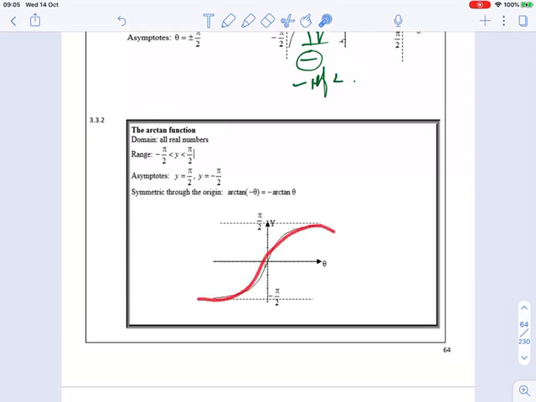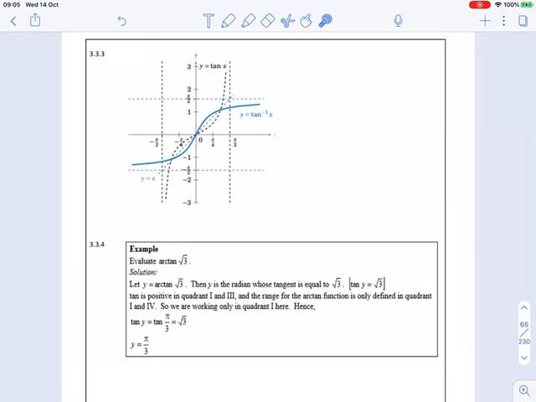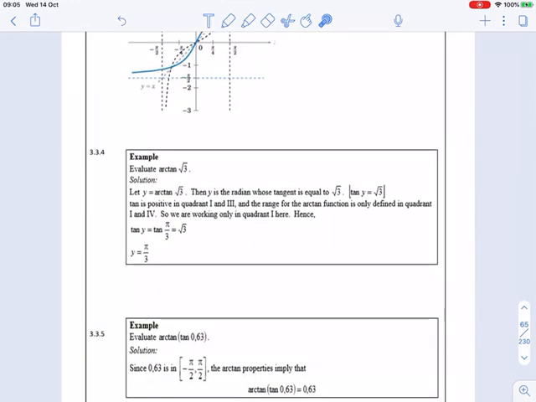And just see the shape of the graph, that you draw it correctly. Please make sure you can sketch the graph of the arctan function. I've just indicated again that it's the reflection in the y equals x axis. It is the inverse, yes.